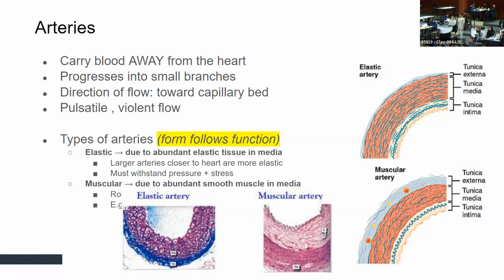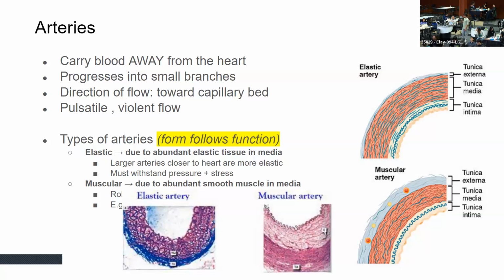Now, the arteries carry blood away from the heart. A common misconception is that arteries are arteries because they carry oxygenated blood, but this isn't the case, such as in the pulmonary arteries or in the umbilical artery. The function that they do have is that they carry blood away from the heart.